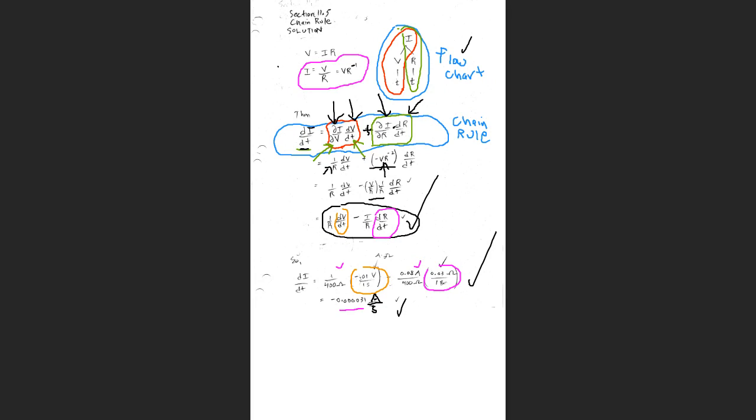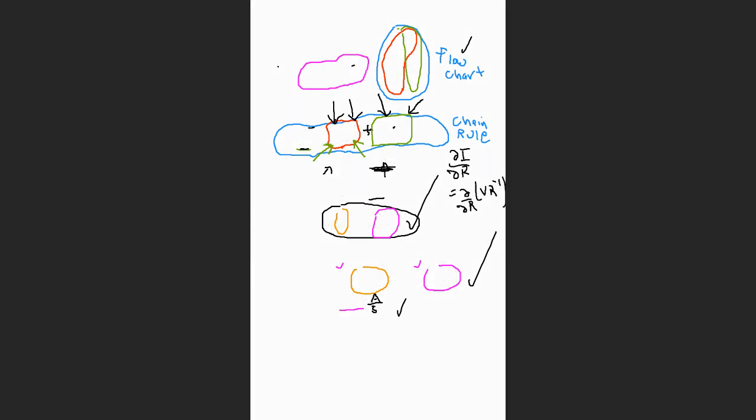Let's see, Samuel is asking about this part here. So the partial derivative of current with respect to resistance is the partial derivative with respect to resistance of the function V times R to the negative first.